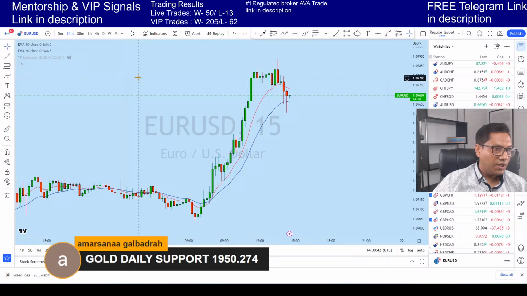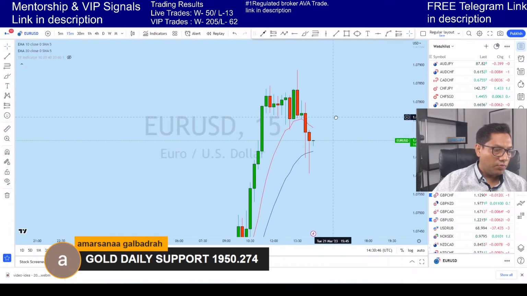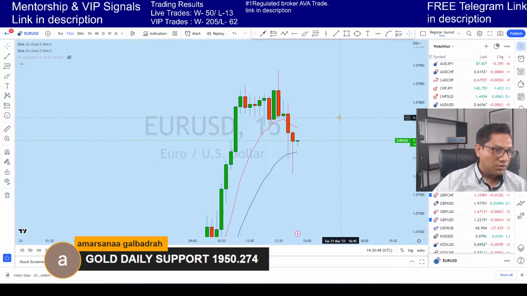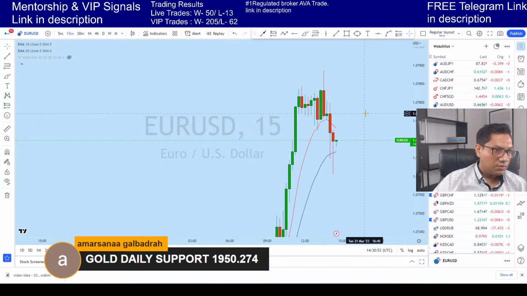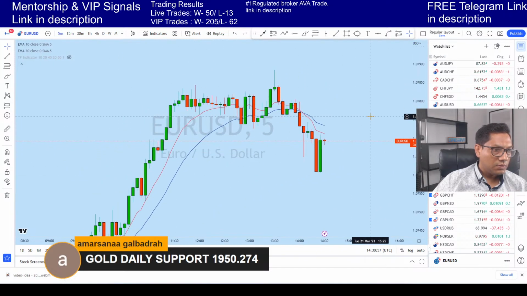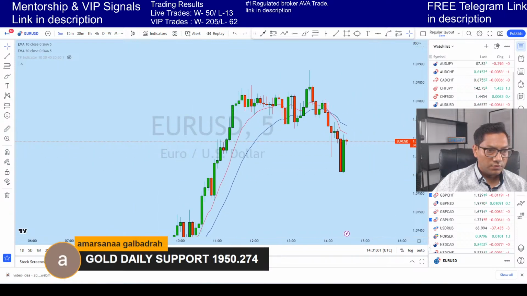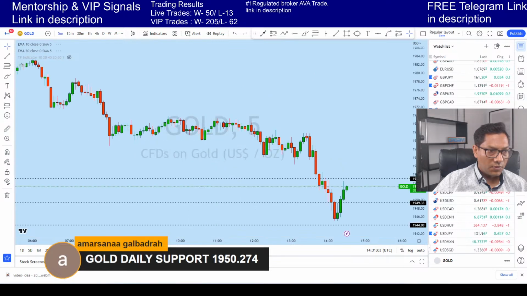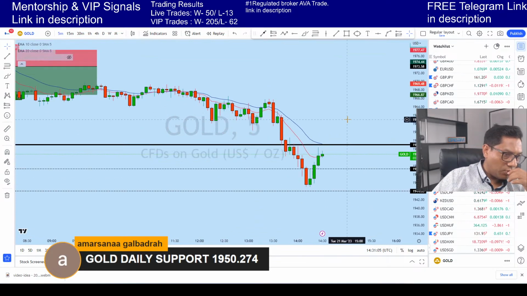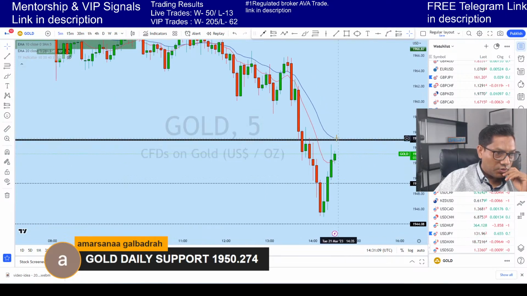On the 15 minutes, we have seen Euro Dollar has formed a doji. I'm more interested in gold. Let me see what happened. I just need an entry candle here with a false breakout.